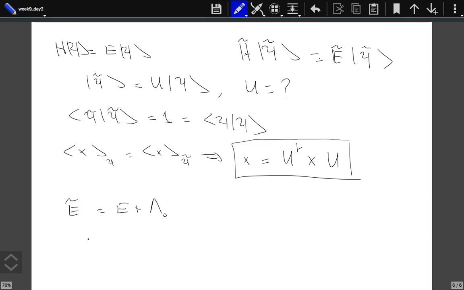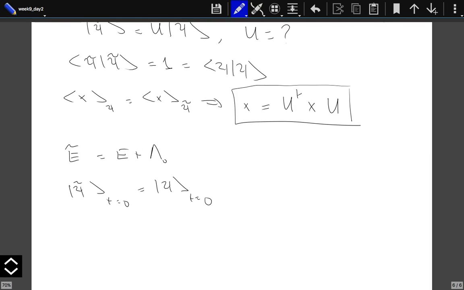This is what we would expect. And in fact, this U is nothing but e to the power minus i over h bar lambda 0 t. Let me write it in this way. Let me assume that psi tilde at t equal to 0 is equal to psi at t equal to 0. Well, my initial condition, I can just impose the same initial condition for both of them. So psi tilde at the time t will be just e to the power minus i over h bar h tilde t times psi tilde at t equal to 0.